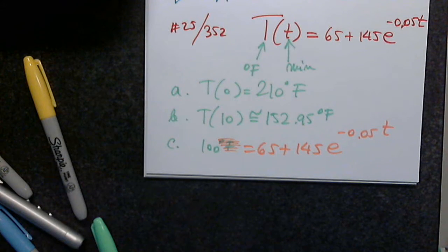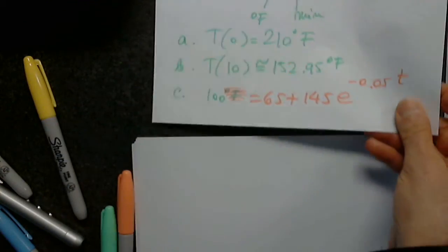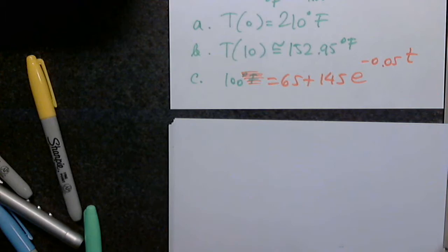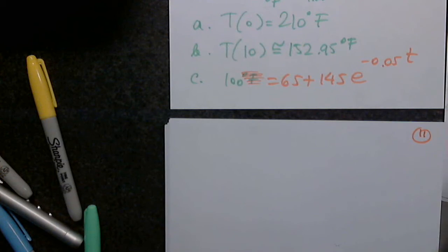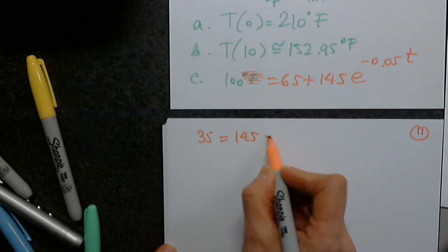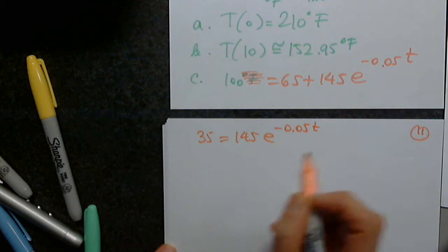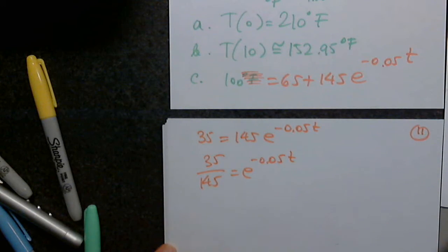So it has to be pure exponential on one side, make it ready, clean it up, so I can apply log to it. So 35 equals 145 e to negative 0.05 t. 35 over 145 equals e to negative 0.05 t.